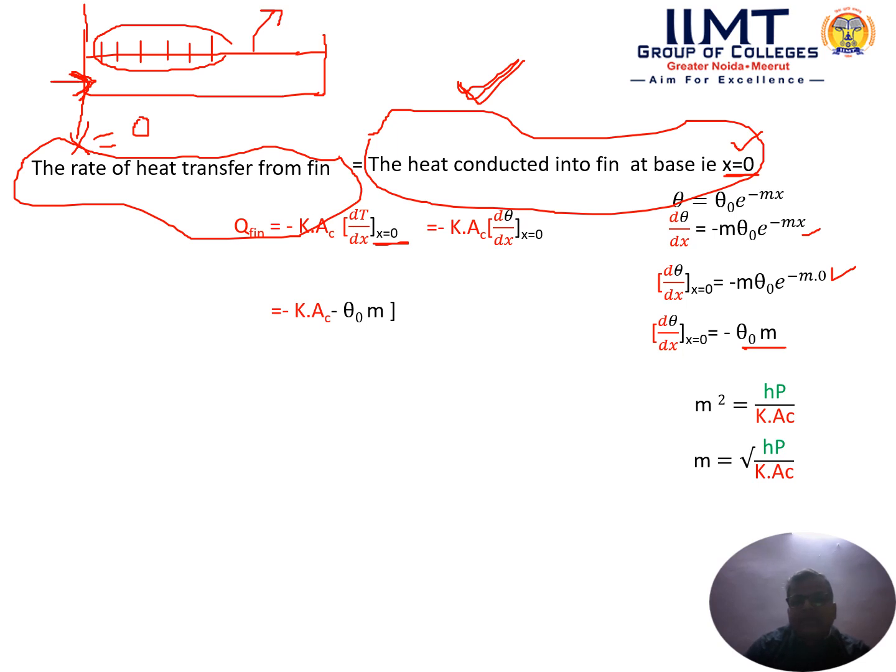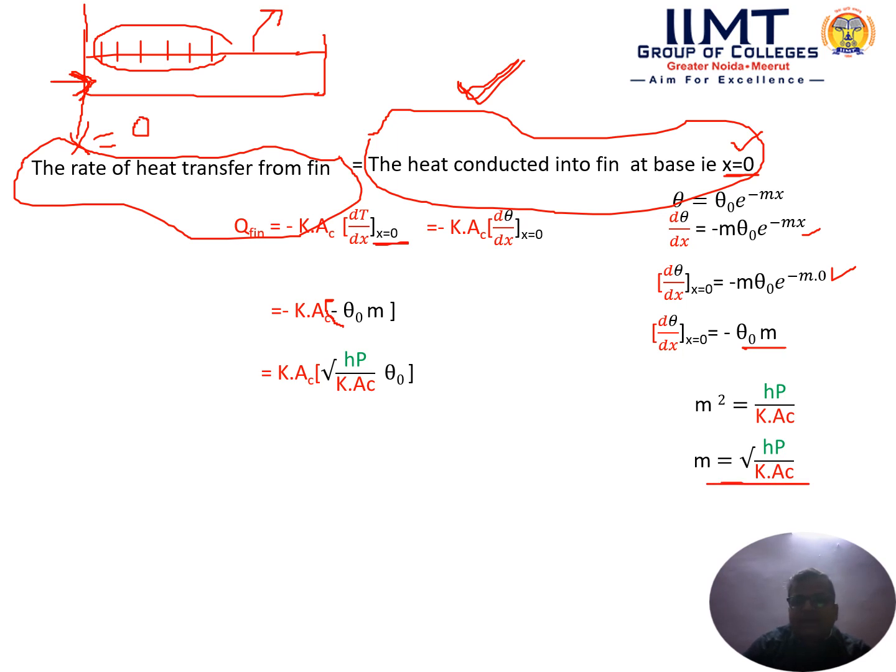That means minus kAc into minus theta naught into m. This minus and minus is equal to plus. That means this will be equal to kA, minus and minus will be cancelled, and we know m square is equal to hP upon kAc. That means m is equal to what?